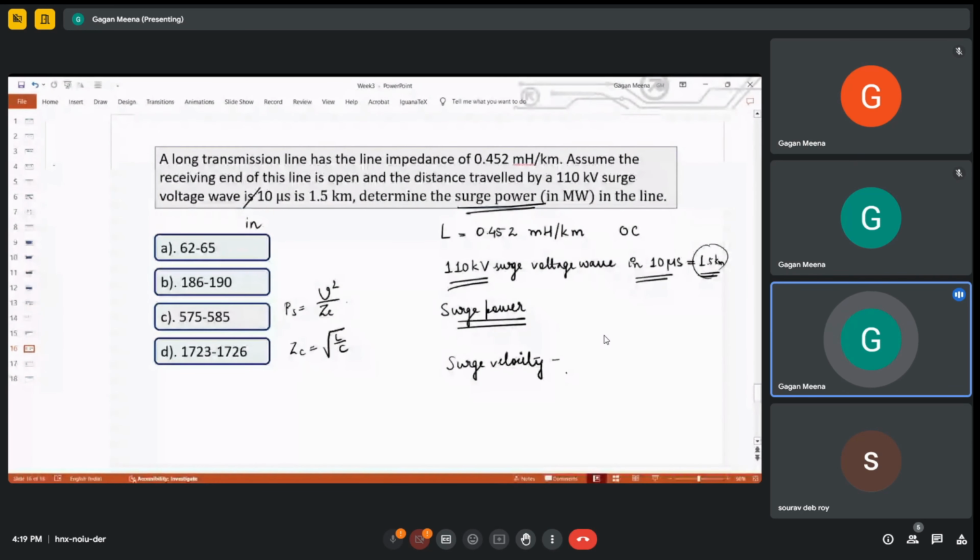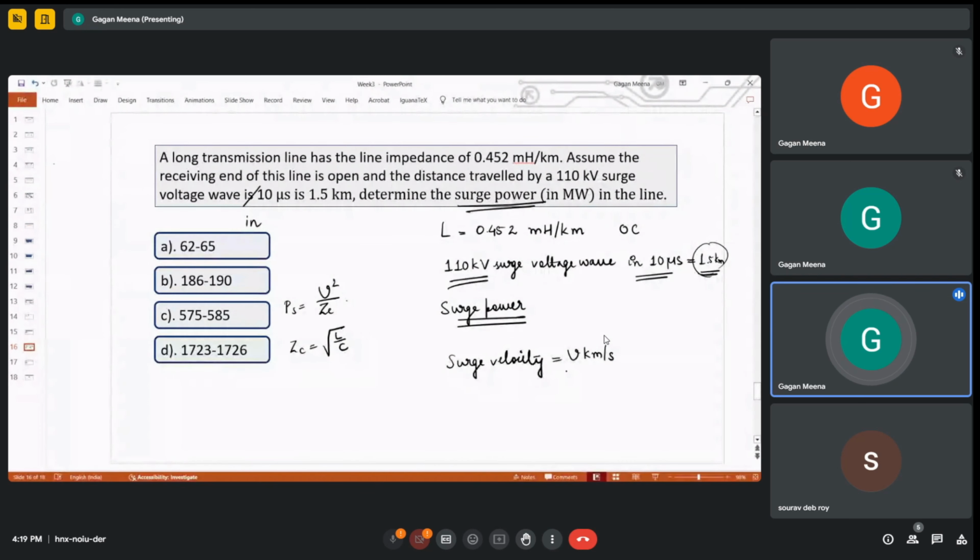We know that surge velocity V is 1 by root LC in kilometers per second.